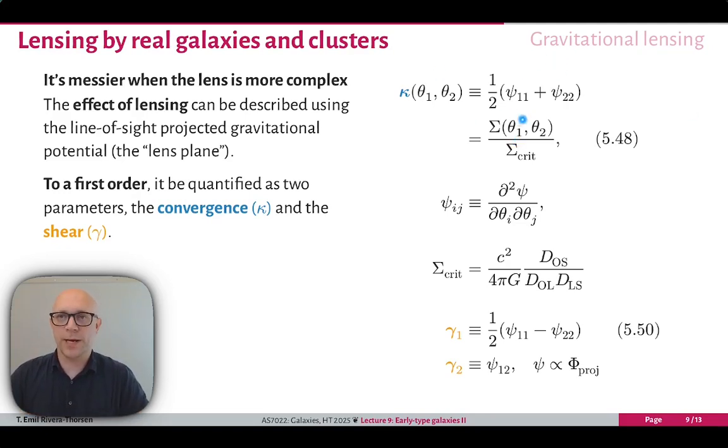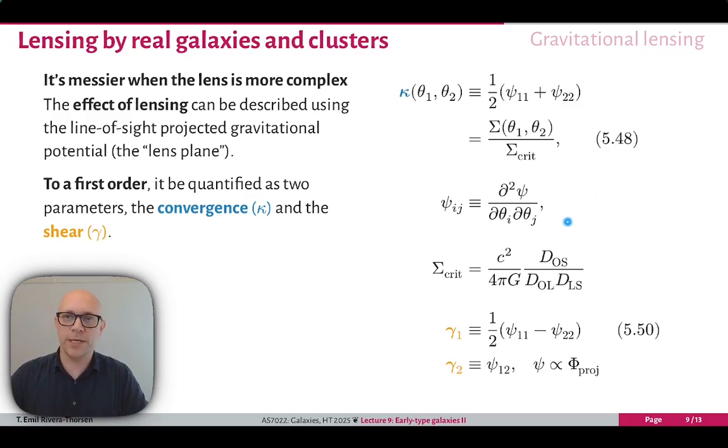And it is given by this thing phi, which is again given by this thing here, which, the more important thing is, it's given by the surface density at this given point, divided by what we call the critical density. And the critical density is an extremely important concept in gravitational lensing that we will get back to later.